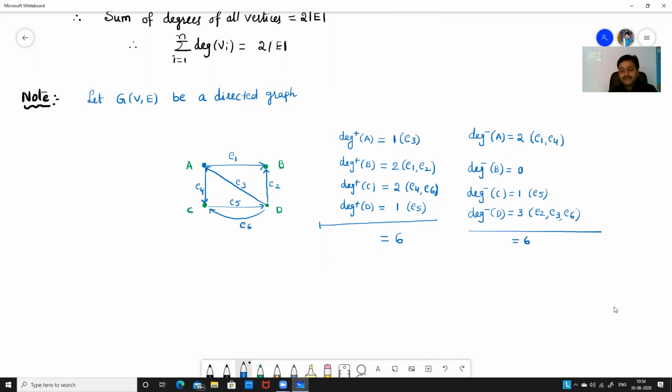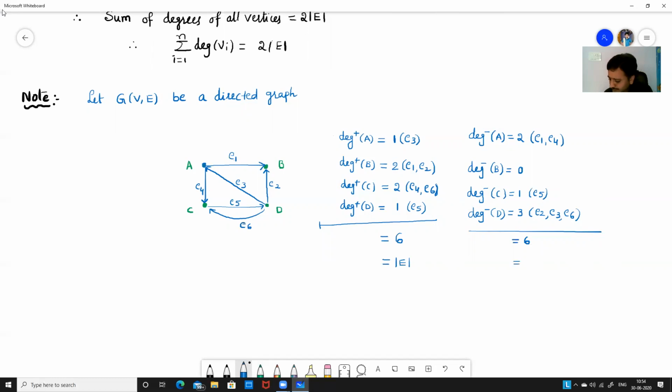What did you notice from this? The sum of in degrees of all vertices must be equal to the sum of out degrees of all vertices, and that value equals the total number of edges. How many edges did we have here? 1, 2, 3, 4, 5, 6 edges.